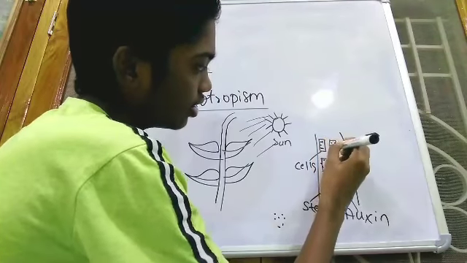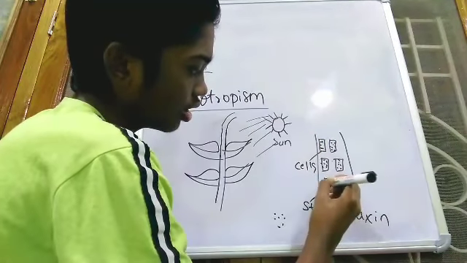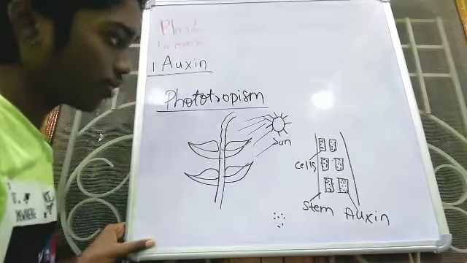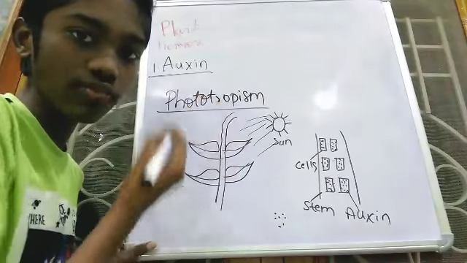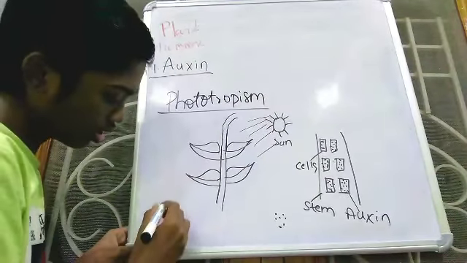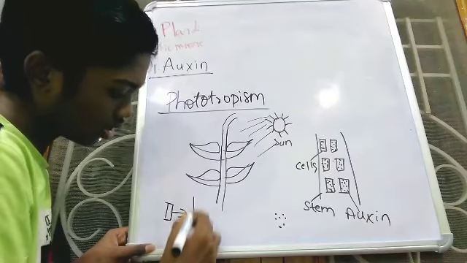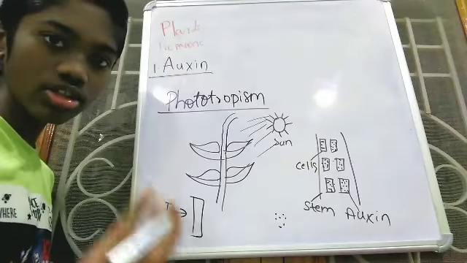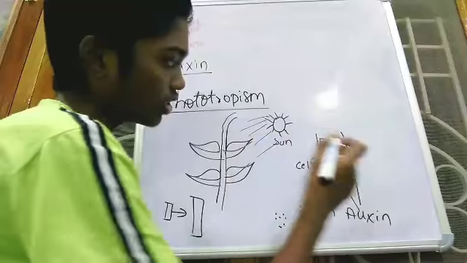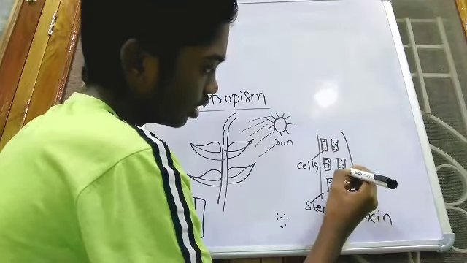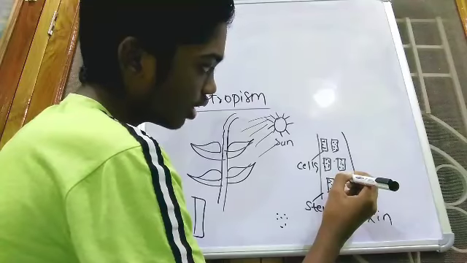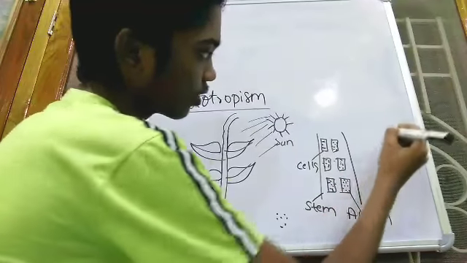For all the cells, this auxin hormone is distributed equally. And coming to the function of the auxin, it helps in the elongation of the cell, means growth of the cell. So here, in the example, the auxin hormone is distributed equally to all the cells of the plant.